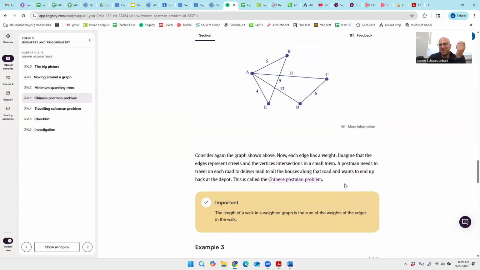Okay, this is pretty easy. No matter how you do it, you end up back where you started, right? On this one, because this one is a nice Eulerian circuit. However, most road combinations are not a nice Eulerian circuit.